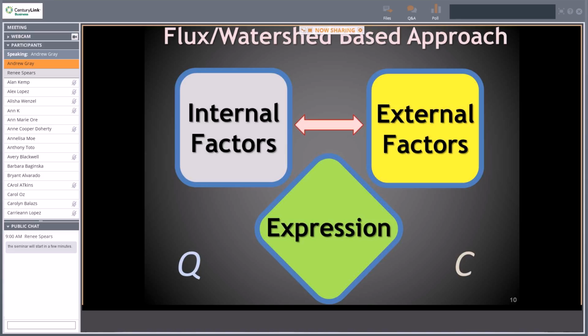By internal factors, I mean the actual topography, geology, vegetation, and land use of the basin, and external factors are namely climate and other perturbations.